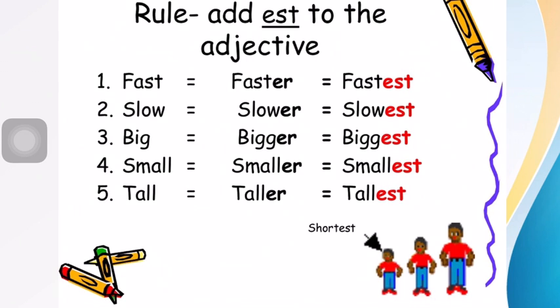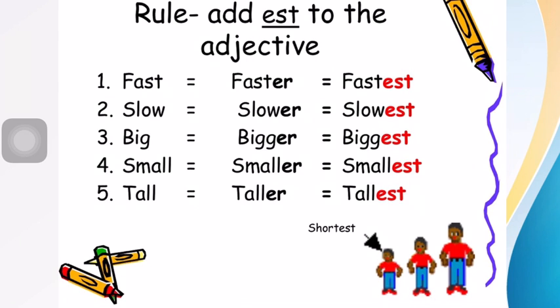For example, number 1, fast becomes faster, in superlative becomes fastest. 2, slow becomes slower, in superlative becomes slowest. 3, big becomes bigger, in superlative becomes biggest. 4, small becomes smaller, in superlative becomes smallest. 5, tall becomes taller, in superlative becomes tallest.